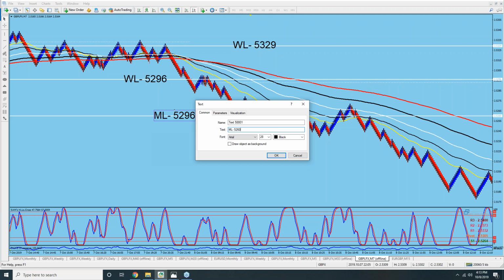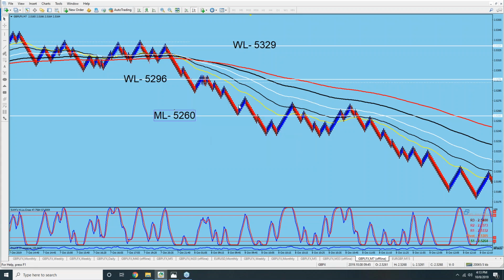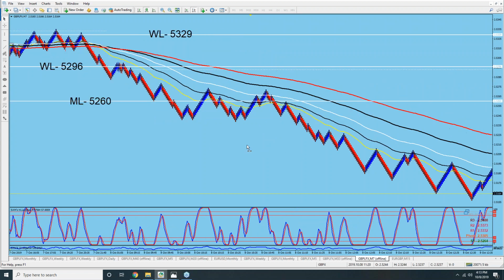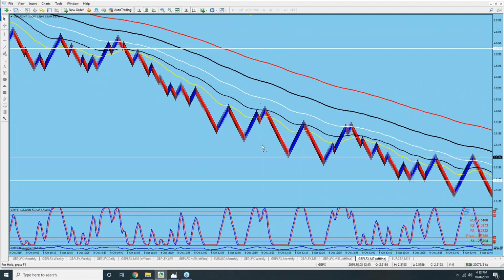See how nice and clean? First it broke below, went up, found a little wobble here, like an ABC correction kind of thing, a small correction, right? It was a clear sign that we're not bouncing and going up, we are just coming down. And then look how nicely it went all the way down.